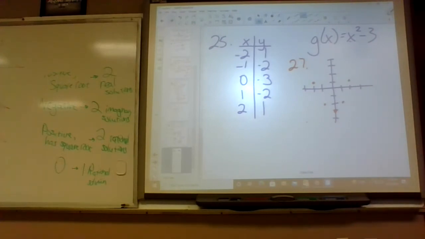What shape did it make? It's actually not a V.